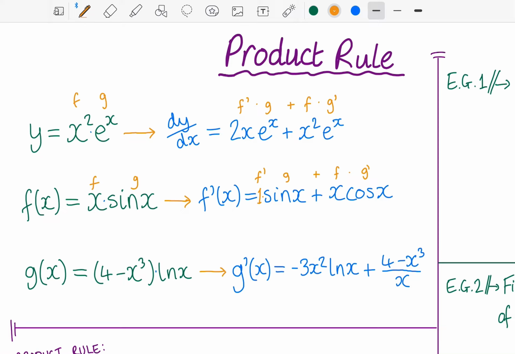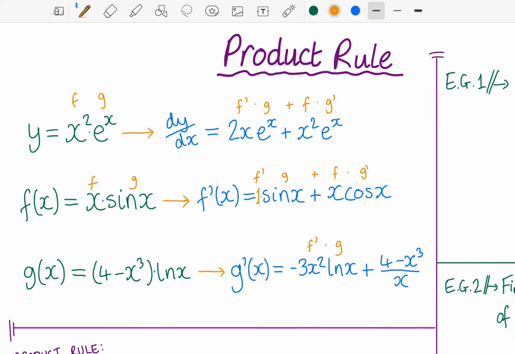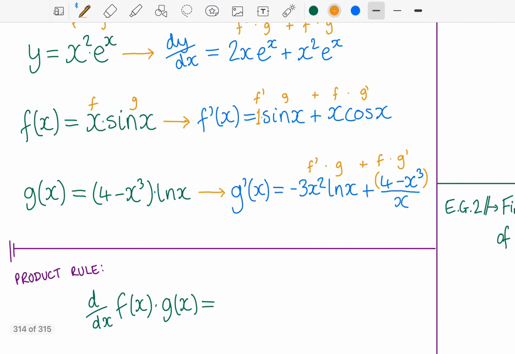And the exact same thing is happening in this third one. I have the derivative of f, which would be minus 3x squared times g, plus, well, this one's a little bit more tricky, I have my original f quite clearly. Now the derivative of g would be 1 over x, so 4 minus x cubed times 1 over x can be written as this fraction, which is what I have.